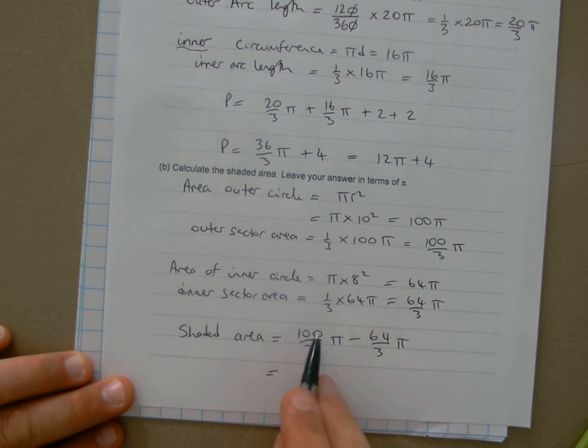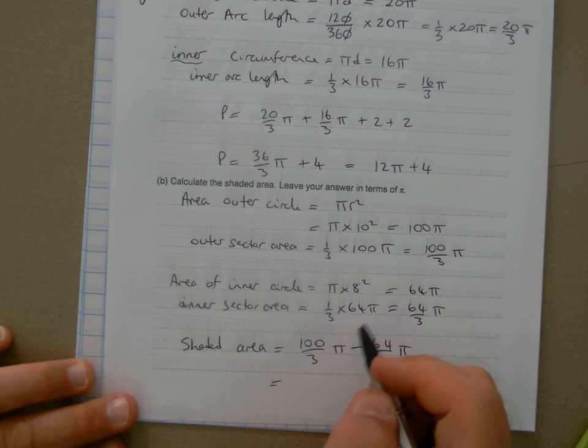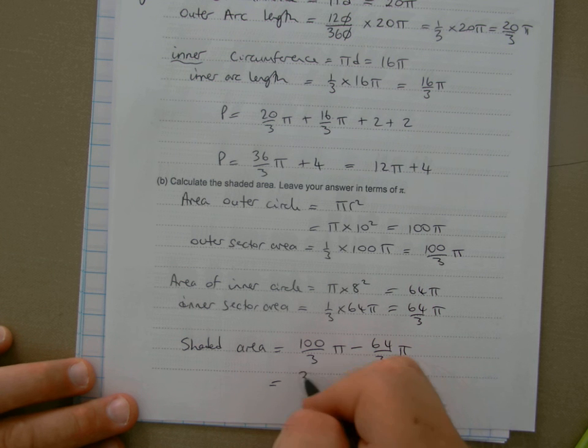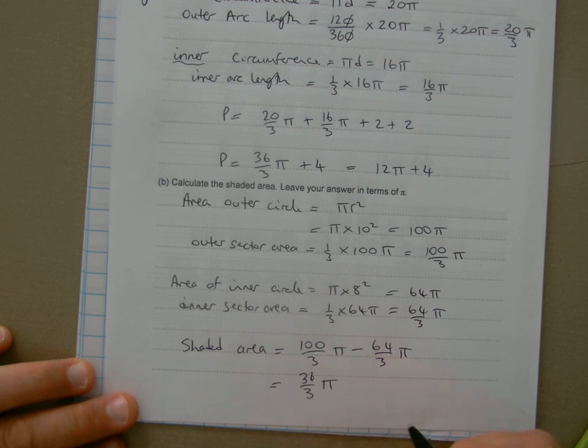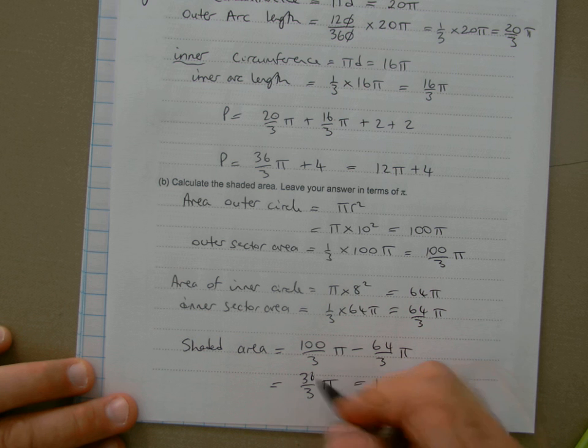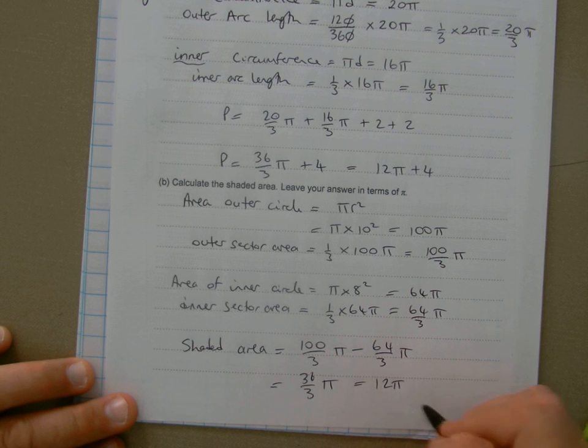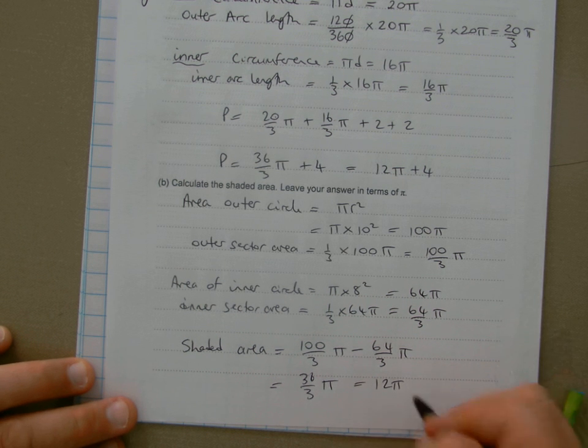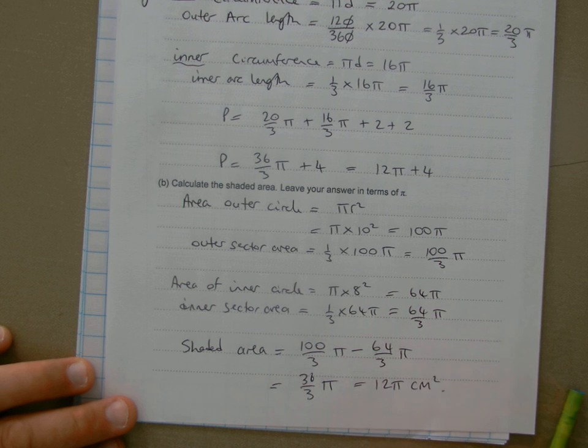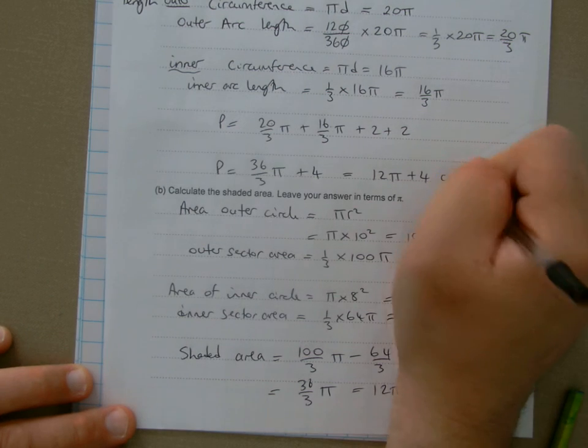You just take away the top: 100 take away 64 is 36 over 3 pi. 36 over 3 is 12, so 12 pi centimetres squared in this case. For the units, because it's area, and up here, of course, it was centimetres.